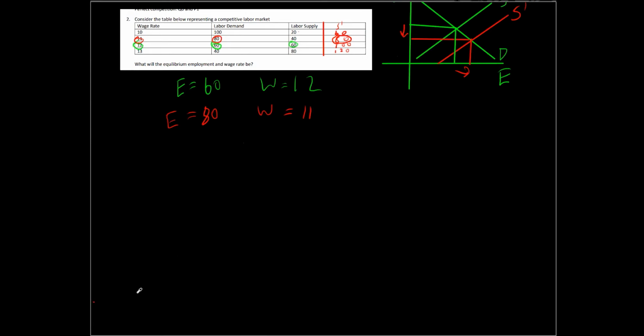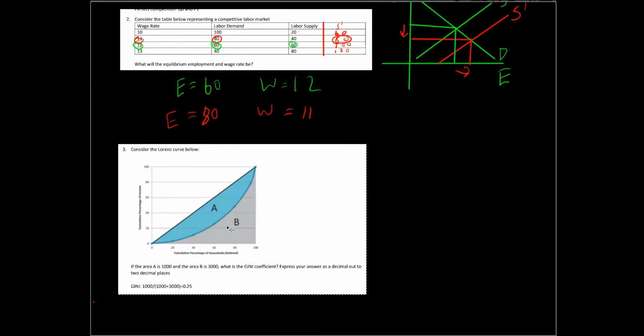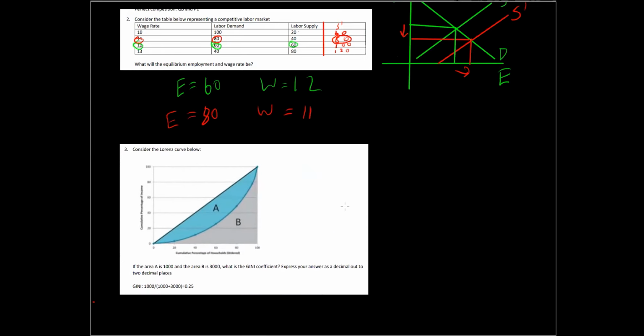So the next problem is from the inequality chapter. And one of the measures of inequality that we discussed was the Gini coefficient. And the idea behind the Gini coefficient is, imagine everyone in a country lined up from lowest income to highest income.